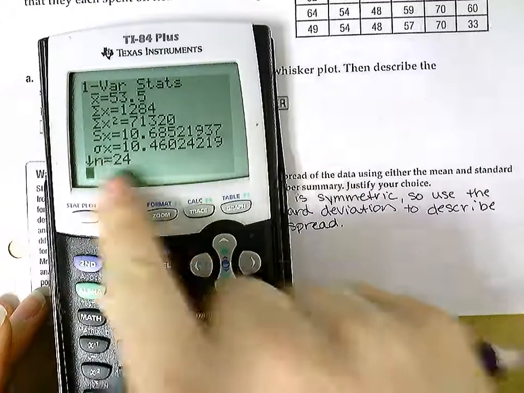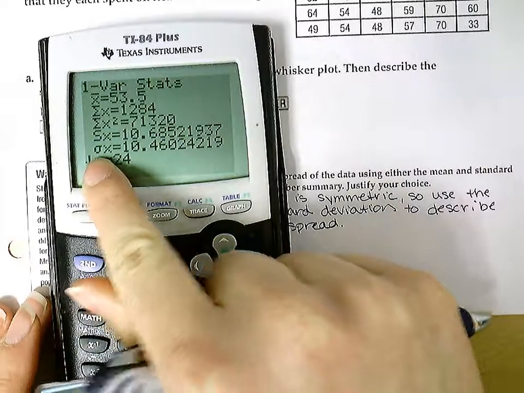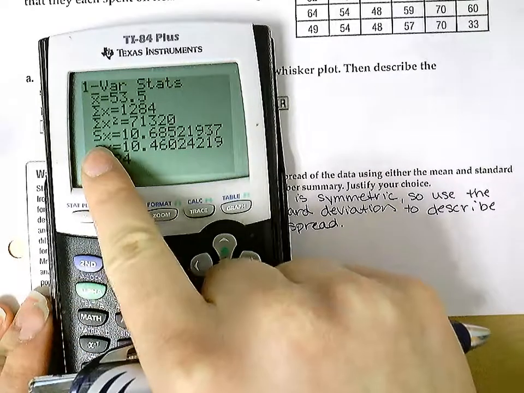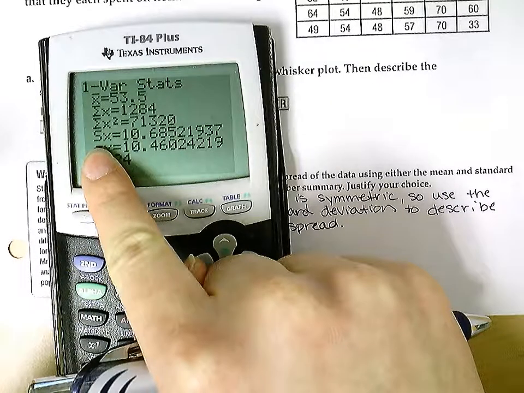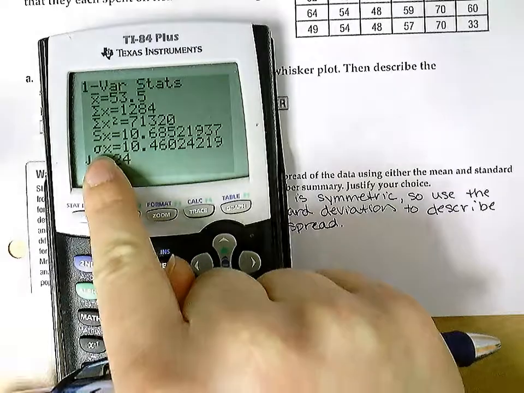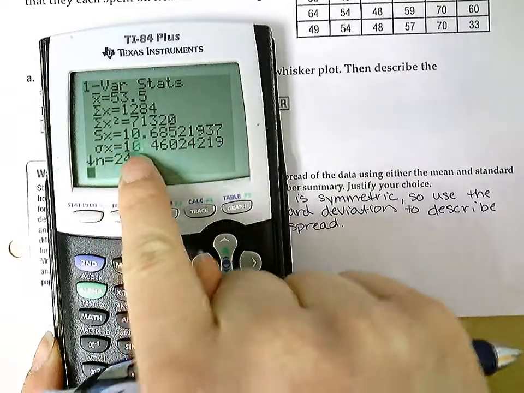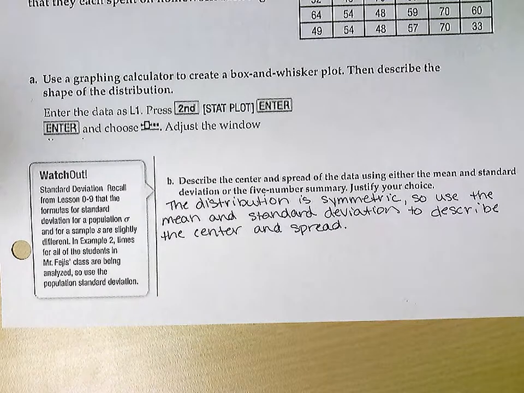That's the one that has this sigma right here. The s one is the sample, so that's the one where we took n-1 to divide to get the variance. This one is just divided by n. So our standard deviation is 10.5-ish. So we're going to use those two.